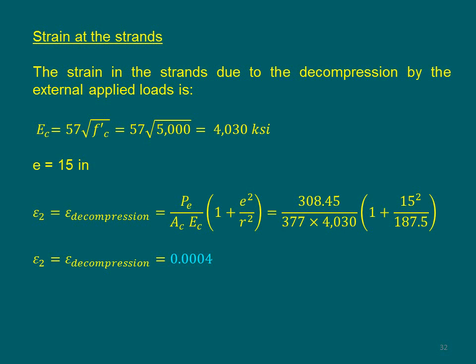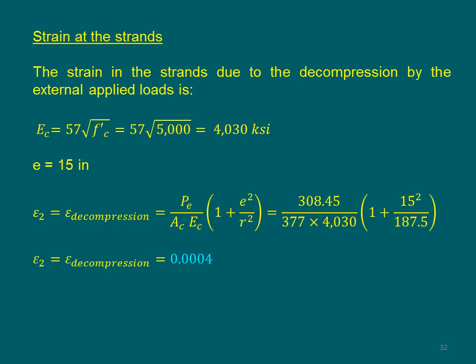Since I'd like to have the answer in KSI, I'm just going to use the 57 without the 1000, as if I'm dividing the whole equation by 1000. You still need to use F prime C in PSI, 5000. With that, I have the modulus of elasticity for the concrete roughly 4000 KSI.